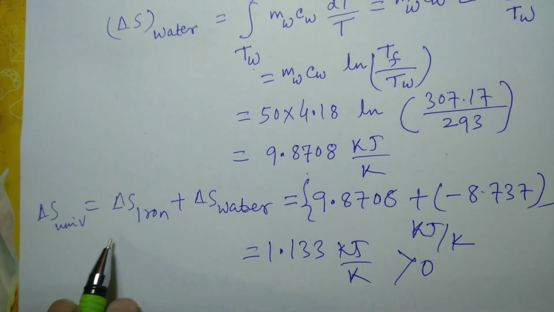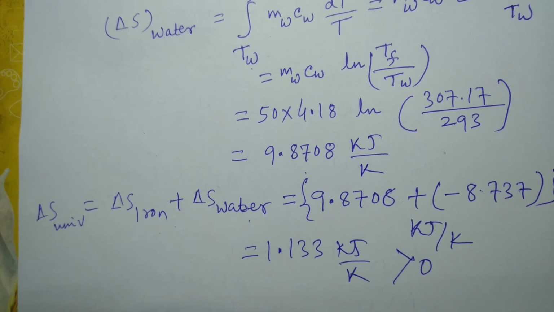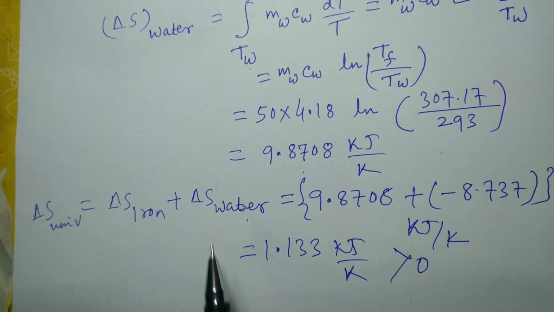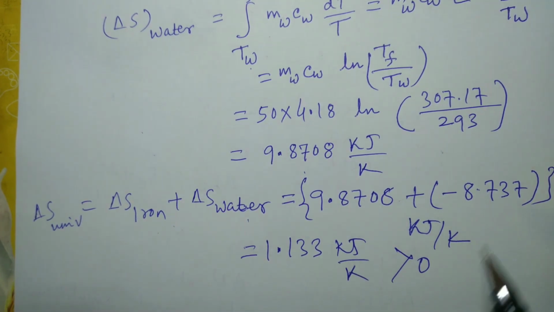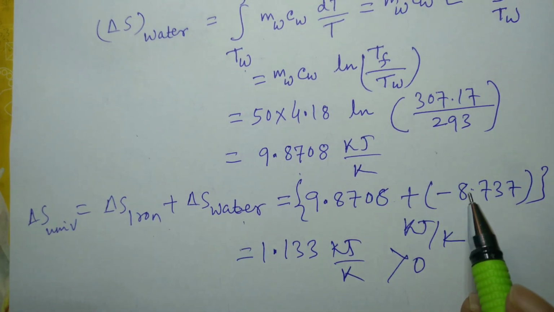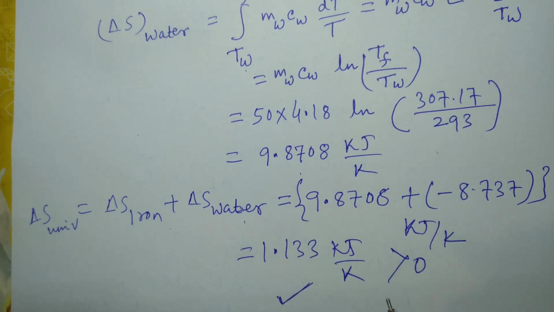Why is the delta S universe this much only, the summation of this? Because this is isolated, there is no interaction with the atmosphere. That assumption we have to make right from the beginning, that this is an isolated system, iron and water. There is no energy interaction between this isolated system and the surroundings. So when delta S universe is positive, it means it is an irreversible process.